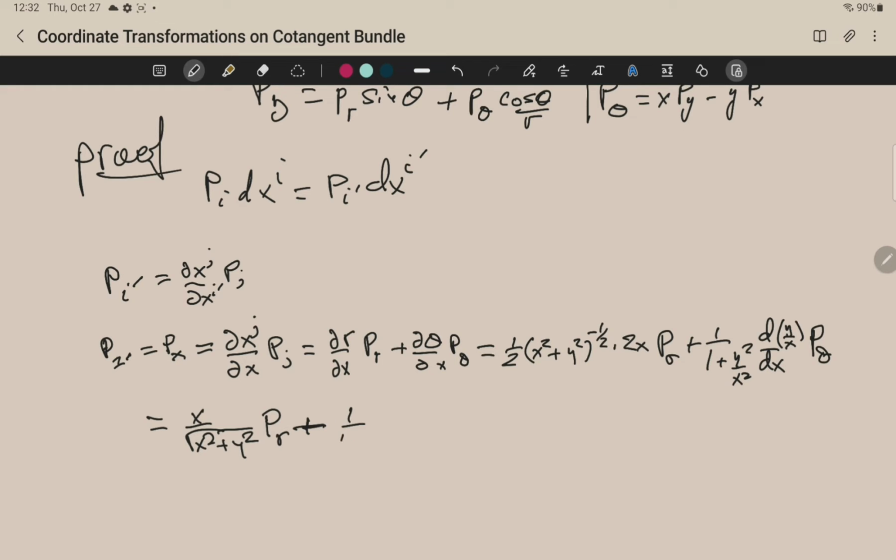And then over here it's going to be minus. Pick up a minus sign, so minus y over x squared. So then I have y over r squared, and y over r would be sine, so it would be minus sine over r times p theta.